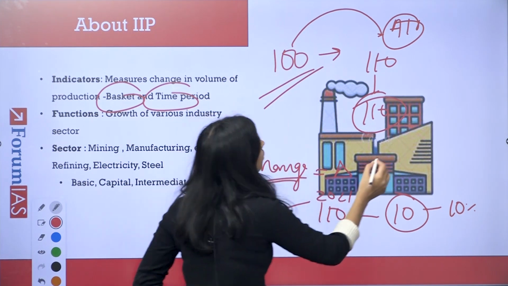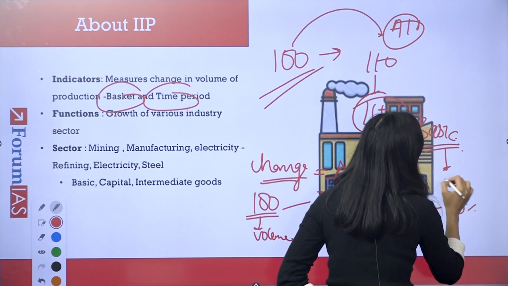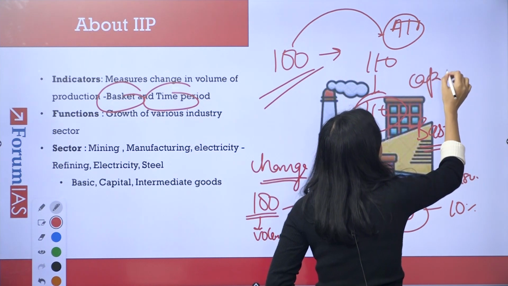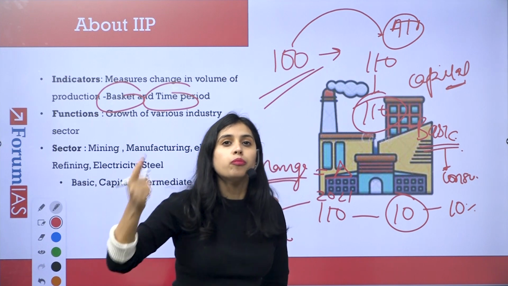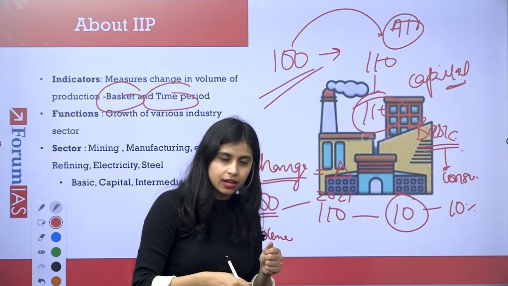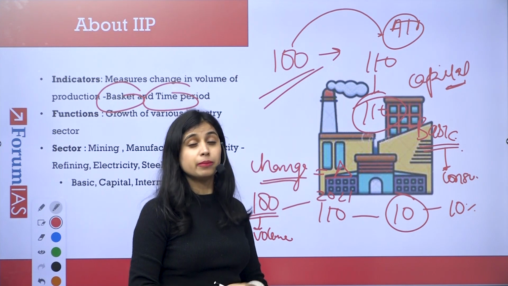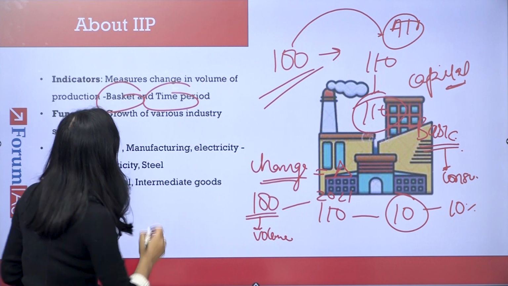Basic goods are those goods which are consumed by the consumer, so these are very basic and often used for consumer consumption. Capital goods are those goods which are used in factories for greater production of more items, like a sewing machine, or pulping machinery being set up. These are capital goods. So it tries to measure all these kinds of basic, capital and intermediate goods.